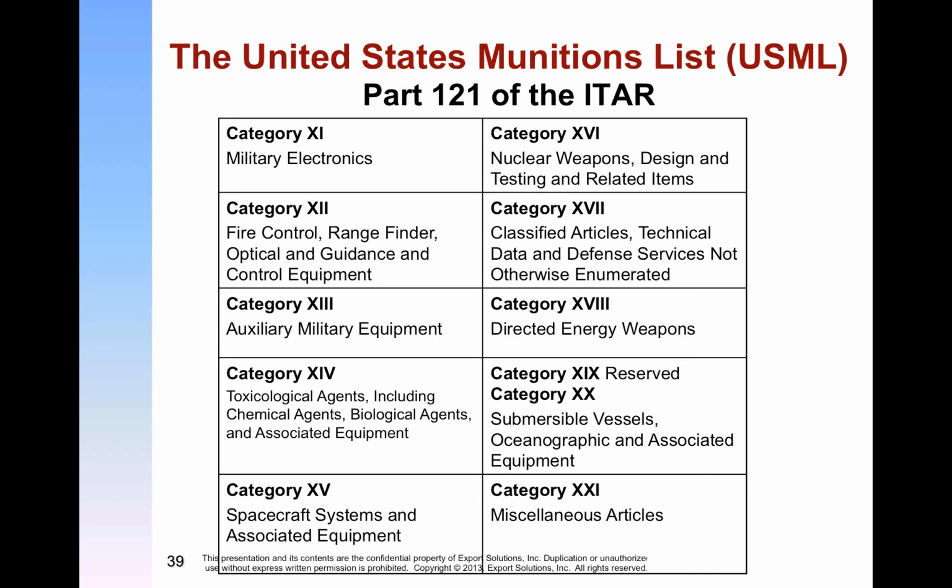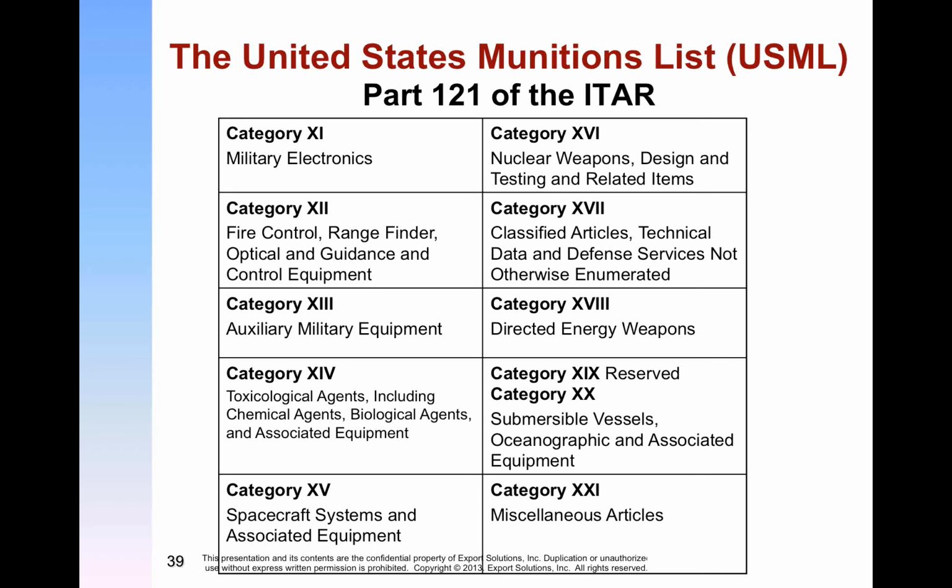So whenever you see foreign persons or U.S. persons, it also means U.S. companies and foreign companies. And defense services would be the development, design, engineering, manufacture, production, assembly, test, repair, maintenance, modification, operation, demilitarization, destruction, processing, or use of defense articles. So it's anything that you can use to process these things.